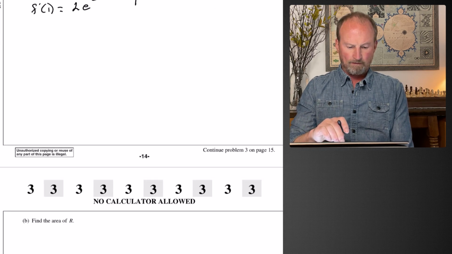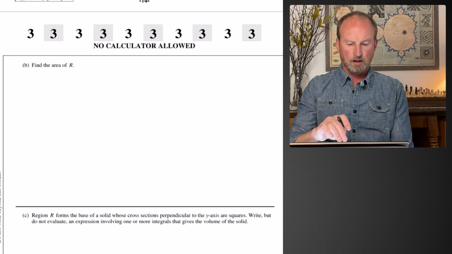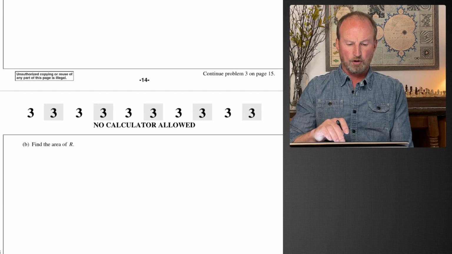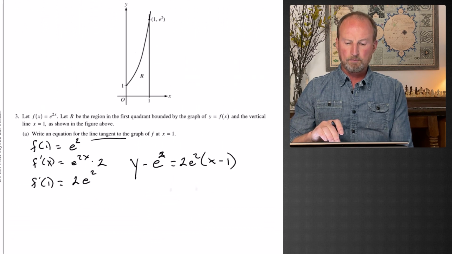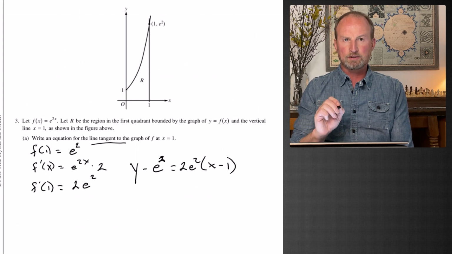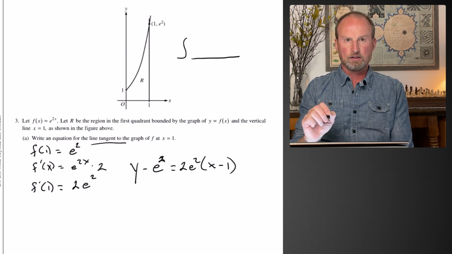So, question B, find the area of R. Sorry, I'm going to have to scroll back and forth a little bit because it won't all fit on the same screen. Area of R. Think Riemann sum. When I write my integral, I am adding up the area formula. And the area formula is base times height.